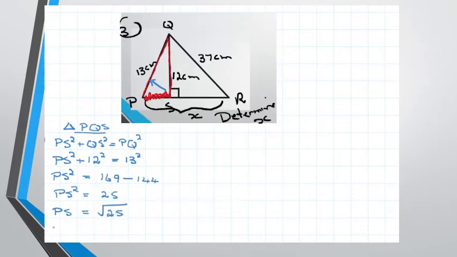And then the square root of 25, so therefore PS going to give me a value of 5 centimeters. And I take that value and I put it in immediately. Let's go now for this one on the right hand side. I'm going to try to take an orange color this time.